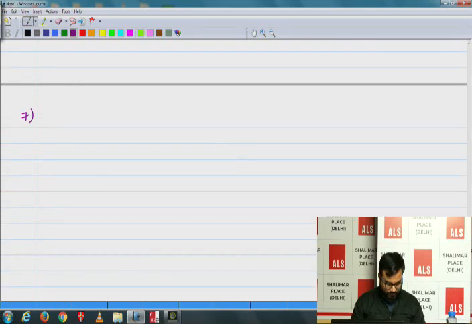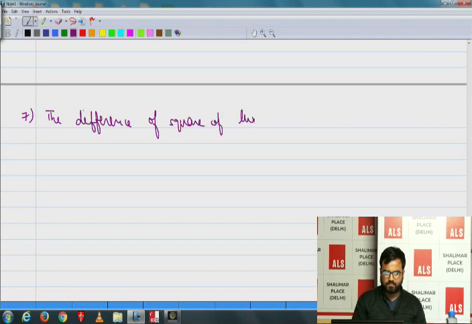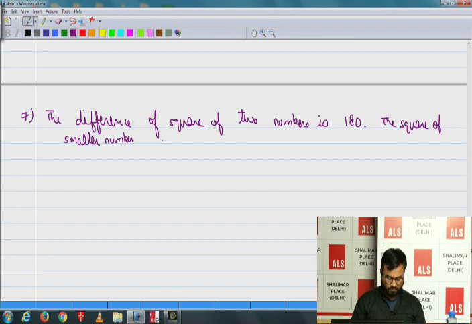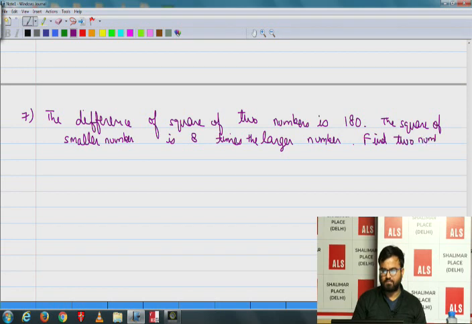Now try this question. The difference of the squares of two numbers is 180.